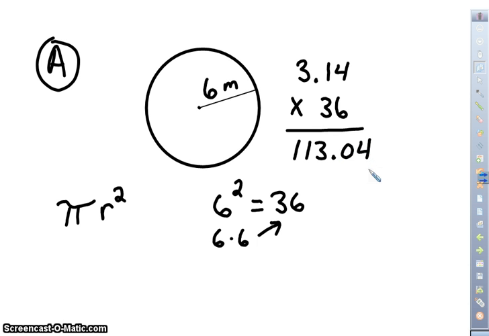And on your homework today, they're going to be asking you to round it to the nearest hundredths if necessary. Since we only go to the hundredths place value, it is not necessary to round this any further.